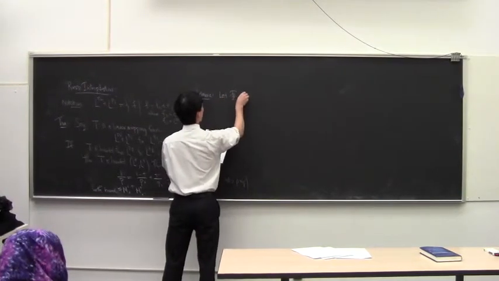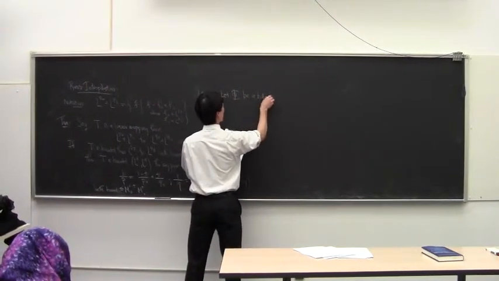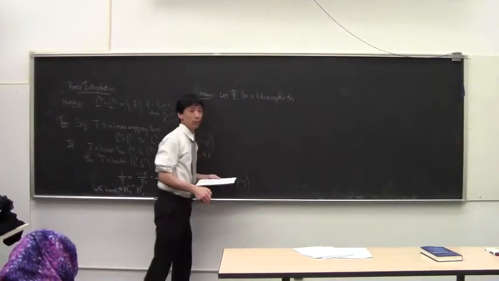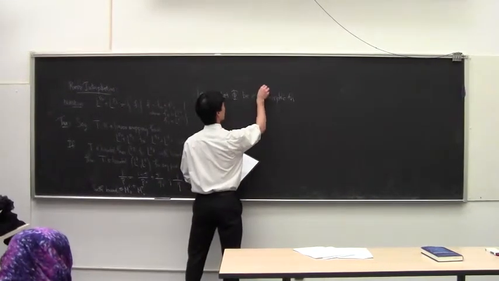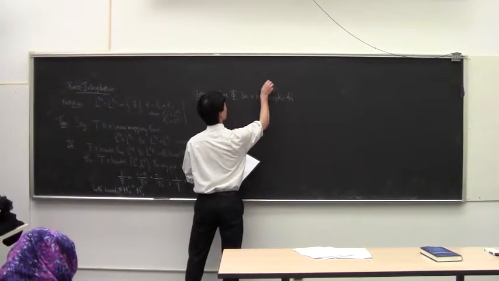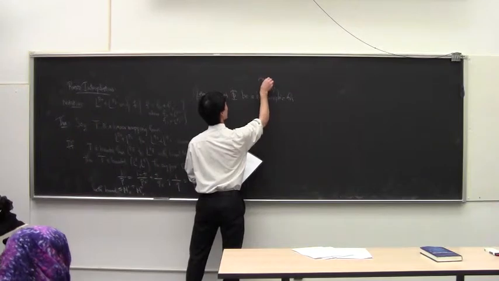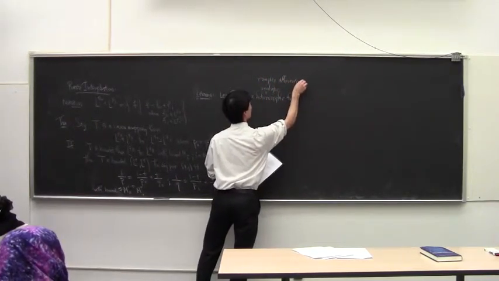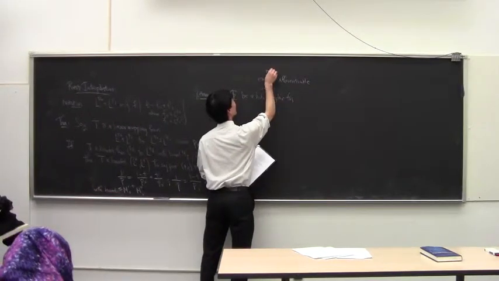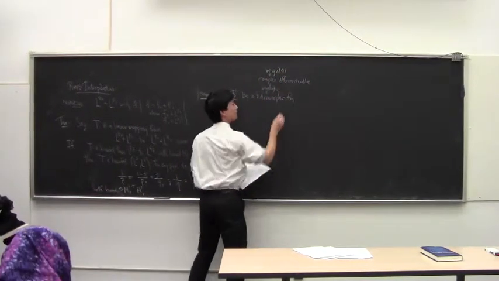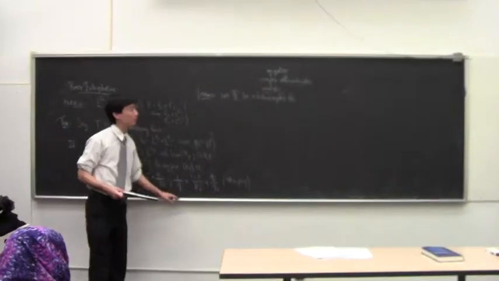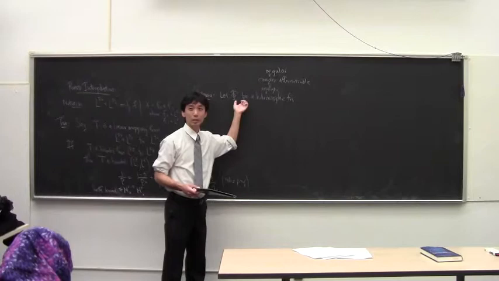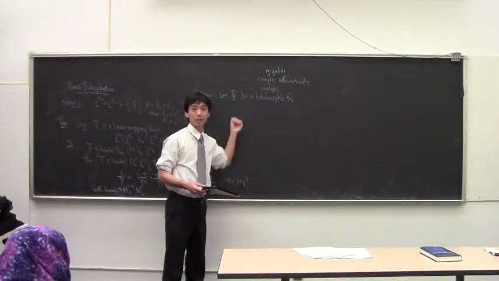Let phi be a holomorphic function. Holomorphic and analytic are the same term, complex differentiable, regular. All those terms mean the same thing if you see them. Just a function that's differentiable in the complex sense.